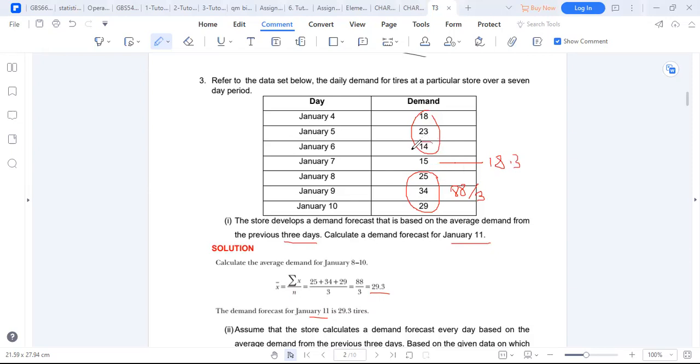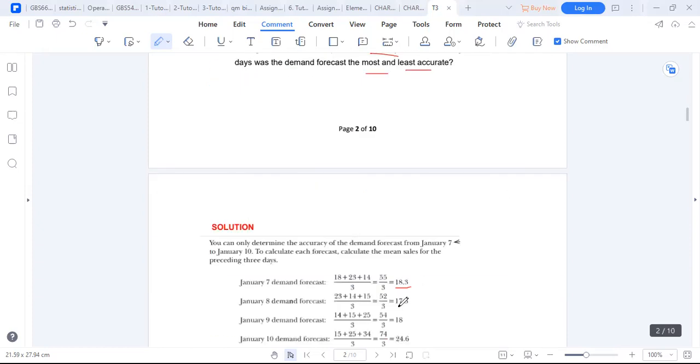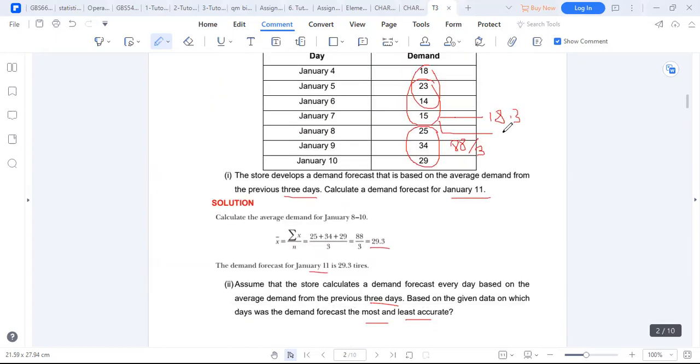And we also go to the next 3. I'll start from 23. The next 3 here, 23, 14, they give us our next forecast, which is 17.3.